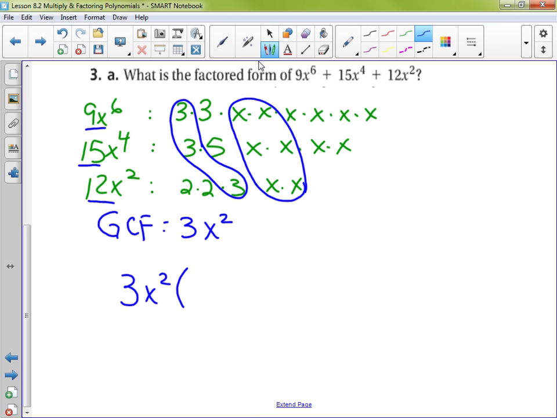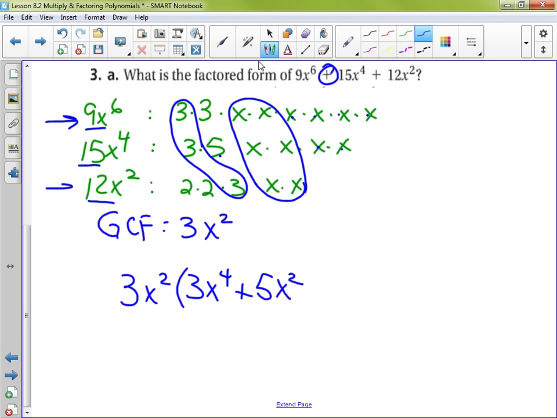So if I look at my lists that I've made, the only thing that's not circled in the first number, 9x to the 6th, is 1, 3, and 1, 2, 3, 4 x's, so that's 3x to the 4th. Plus, next number, the only thing that's not circled, 5, and 2 x's, which is x to the 2nd power.